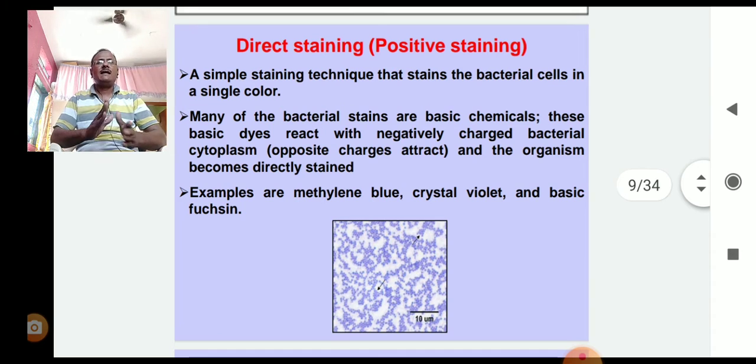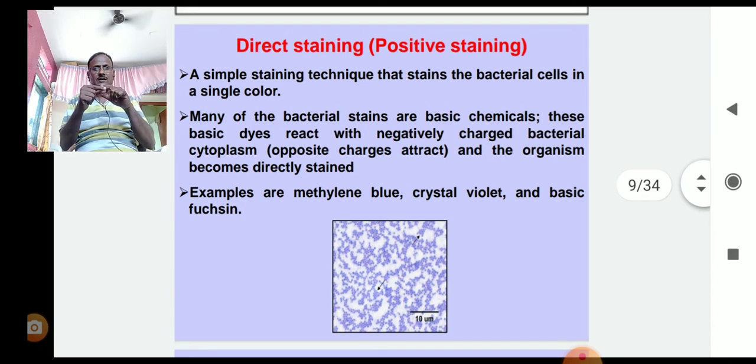In the direct staining or positive staining method, you take one slide. On the slide, take a microbial sample with the help of a nichrome wire loop, and prepare the smear on the center of the slide.